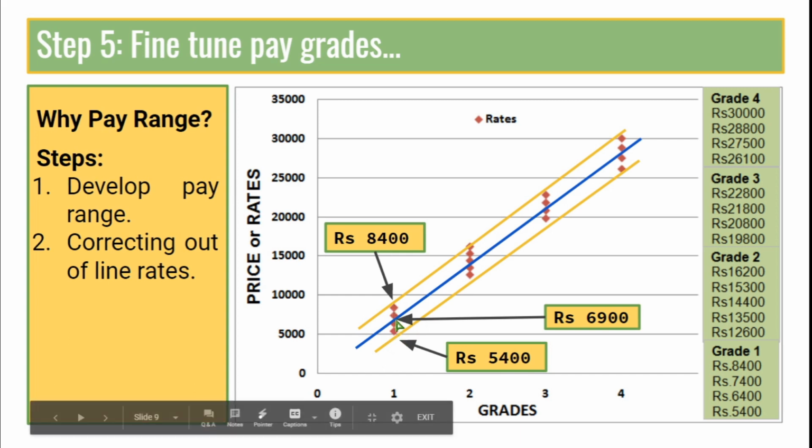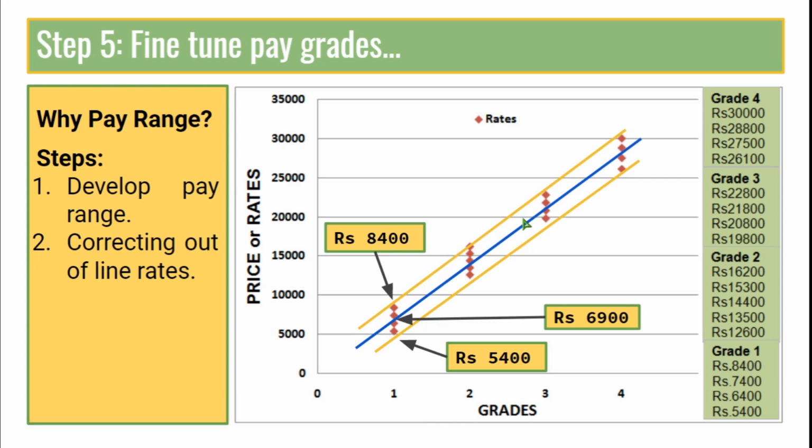Alright, the two lines of yellowish color above and below the wage line are usually used to define the pay range. These two lines are drawn at a 20% pay range for BSF. Then, as the second step, we correct out of line rates. Let's say someone is offered 25% above the range.